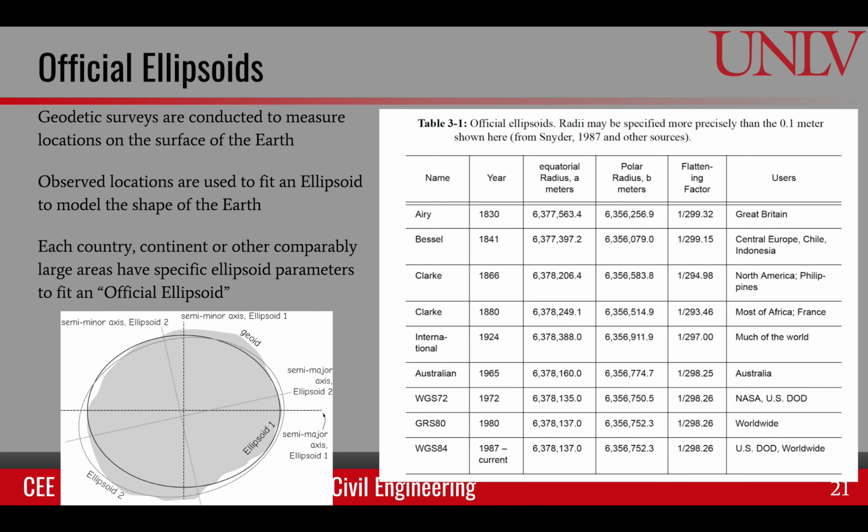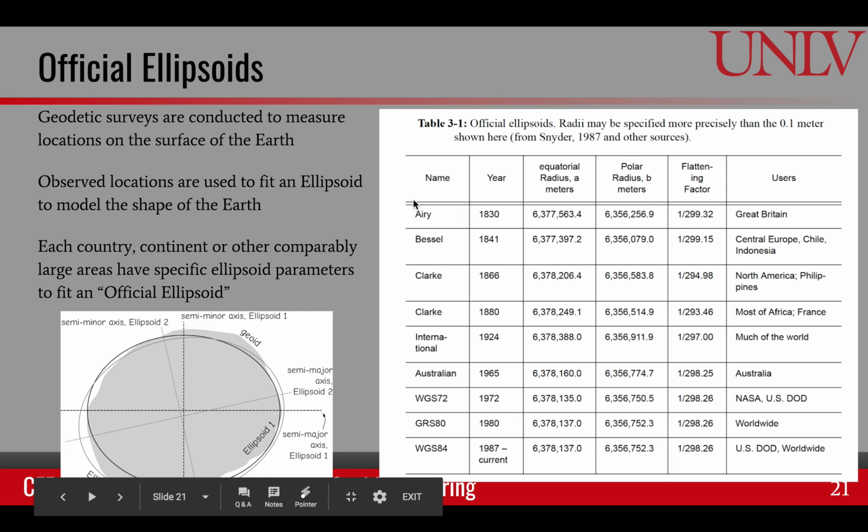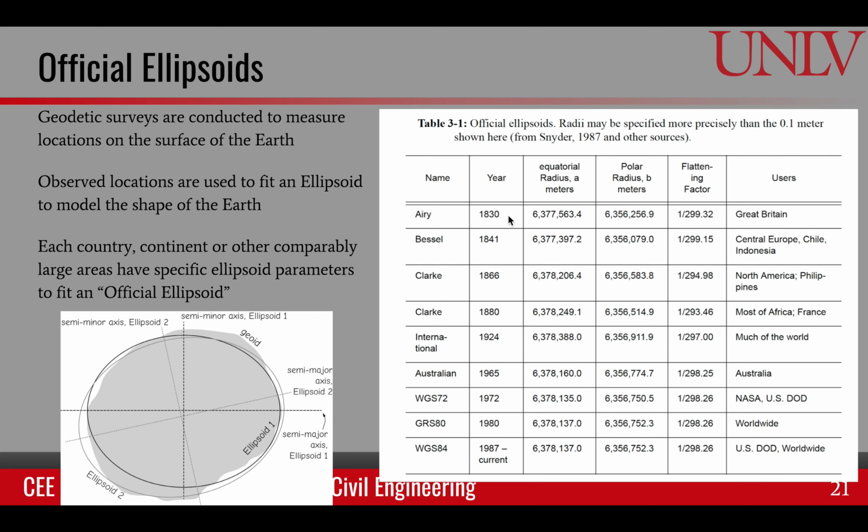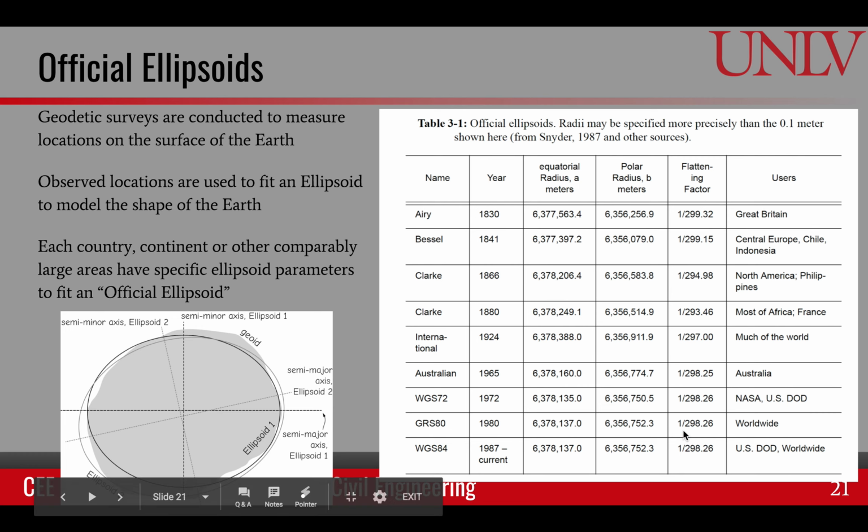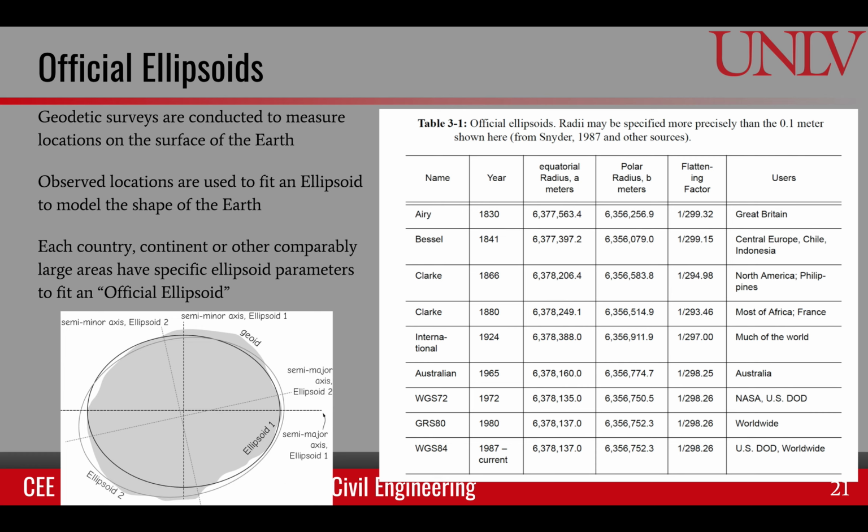part of the Earth. And so if we look at this table, this is from your book, you can see that various users have different ellipsoids, and each ellipsoid is described by when it was created, what is its semi-major axis, the radius A, then what is its semi-minor axis, the radius B, and then the flattening factor, which is A minus B over B. And as you can see, it is different for different parts of the world, and it best suits that region.